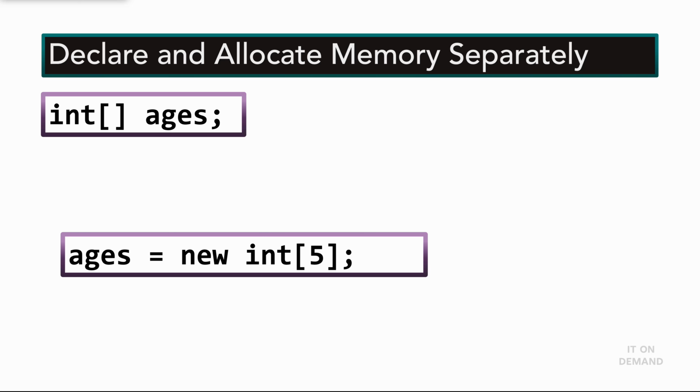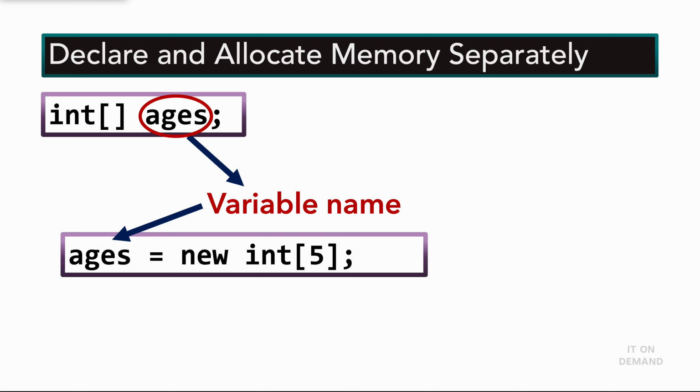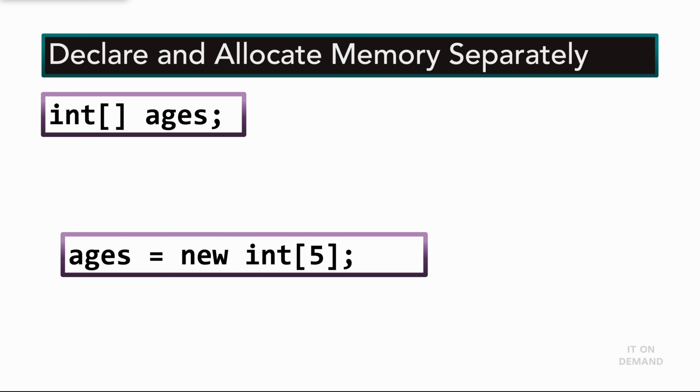The next one is the ages. The ages, of course, we've said it's the variable name. And it's also the name that we use here when we are initializing the array or when we're allocating the memory. The next thing, of course, is the semicolon there, and that shouldn't be forgotten. But then let's zoom in on the next one, which is ages equal to new int and square bracket 5.